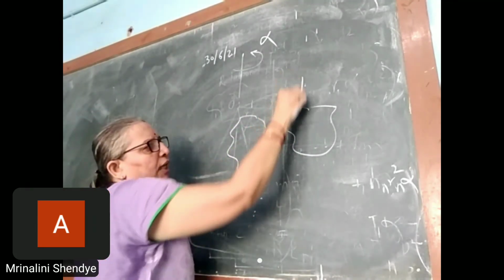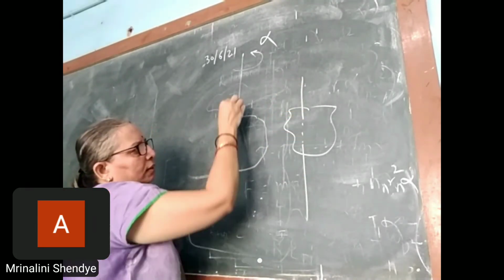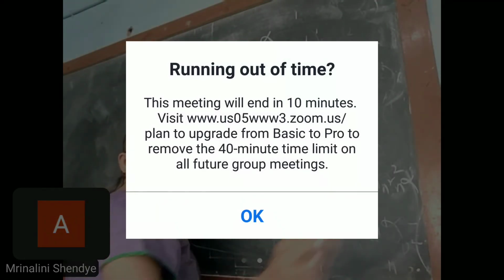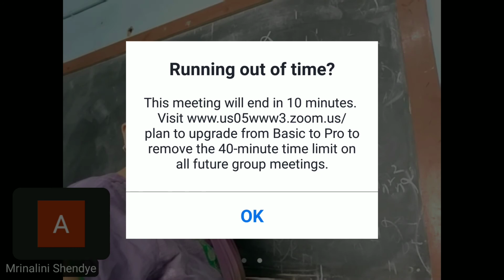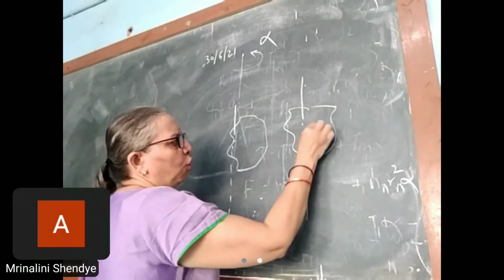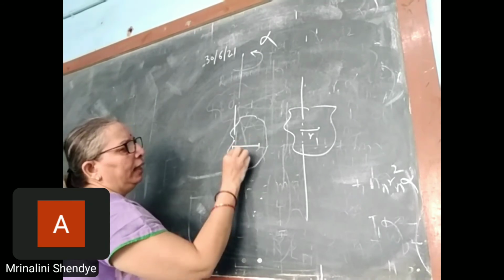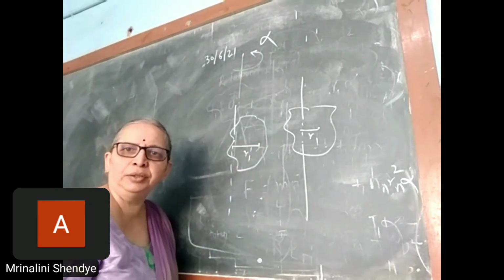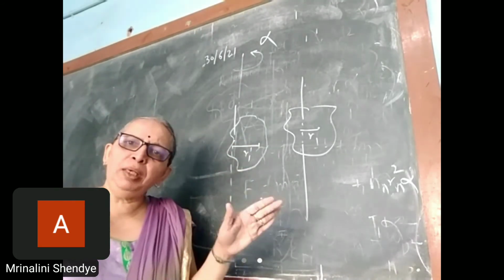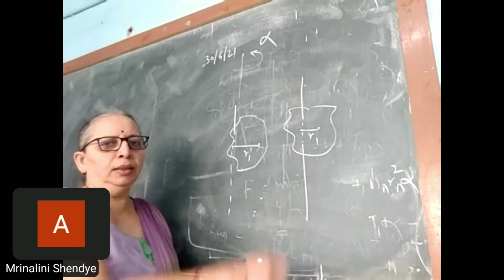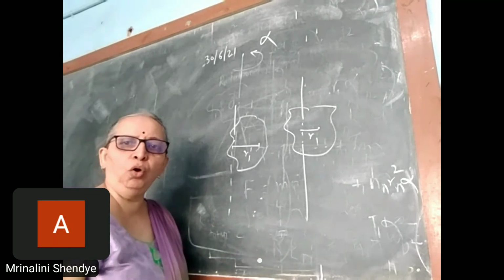Only I will change with the position of the axis. Then the particle which was lying earlier at distance r1 now will lie at distance r1 dash. So each particle's moment of inertia individually changes, which changes the moment of inertia of the whole body.